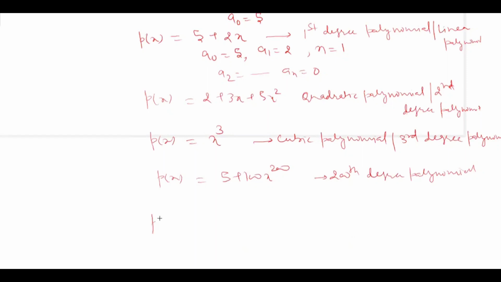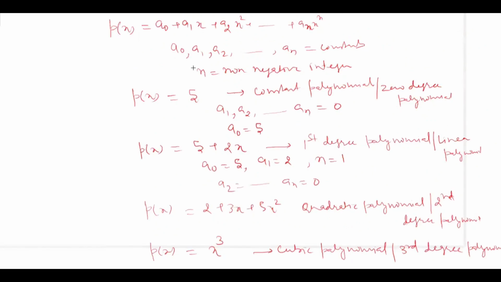If you have an expression like p(x) equals x plus 1 by x, or 2x plus 3 by x, this is not a polynomial. The reason is that one of the powers of x becomes a negative integer. We can write it as 2x plus x to the power minus 1, and as we mentioned, n has to be a non-negative integer.